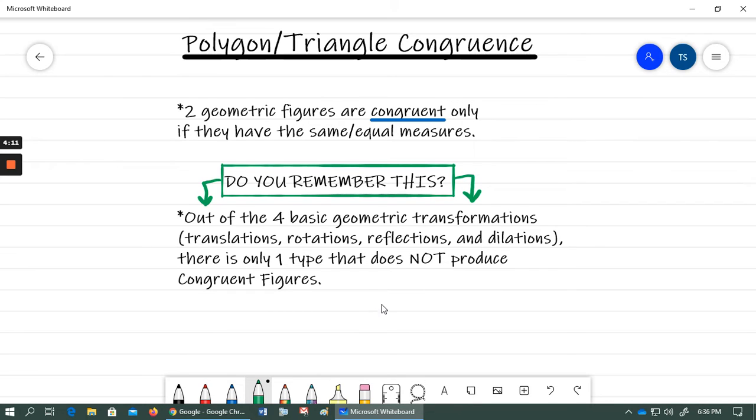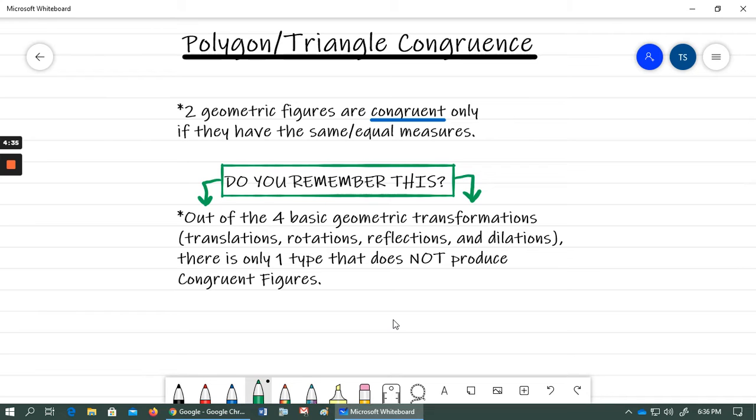Do y'all remember which of those four basic geometric transformations is not an isometry? Which one of them is not a rigid motion? Which one does not produce congruent figures?